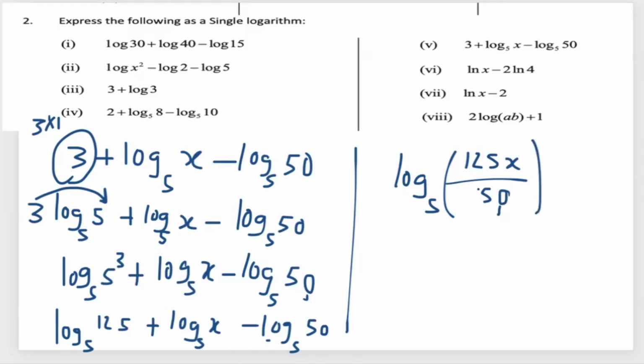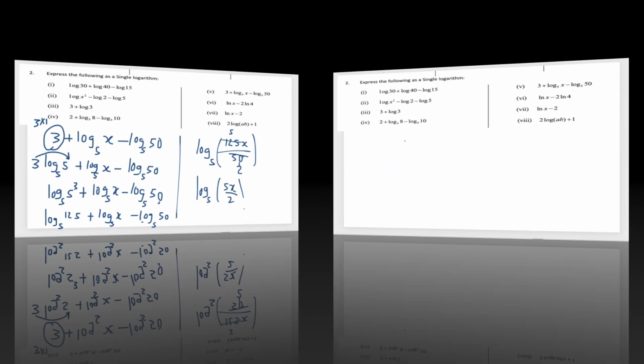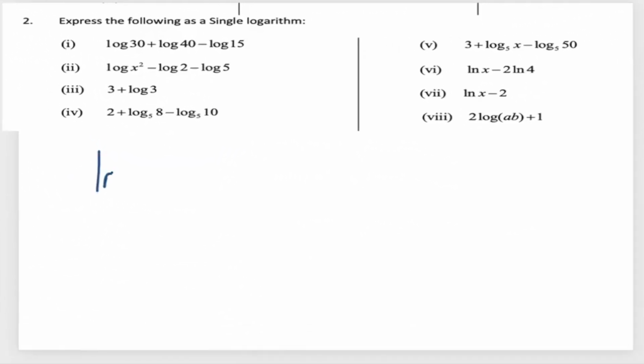So we can see 25 into 50 goes 2 times, and then we can see 25 into 125 goes 5 times. So that means my answer is log base 5, 5x over 2.